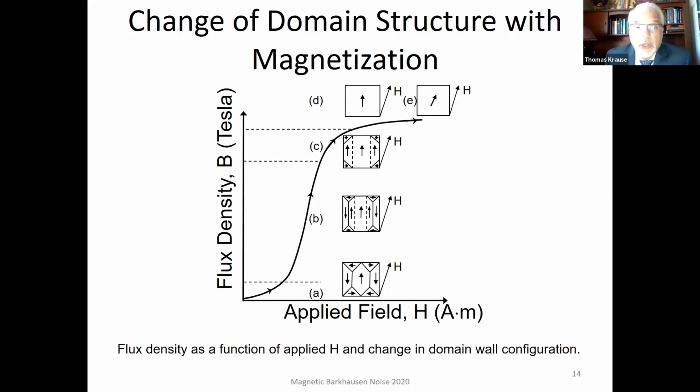And most of that 90-degree domain motion from C to D is then at the knee of the initial magnetization curve. Finally, going from D to E, the field direction is a little bit off of the crystallographic orientation, and then what we have is spin vector rotation, where the magnetic field induces the spin moments finally to rotate in the direction of the applied field. And of course, if we were to return and turn down the field, we would get our hysteresis.